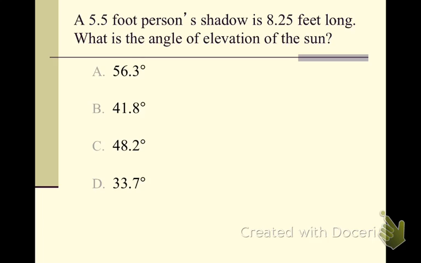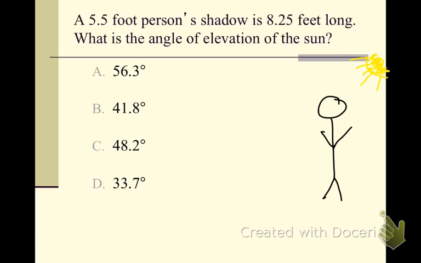Okay, similar to the buildings problem, we want to know the elevation of the sun when we know how tall a person is and how long their shadow is. So let's see if we can do a quick sketch. We've got our lovely person here who looks much taller than 5.5 feet, but let's just call this person 5.5 feet. Here's our sun. We're getting really artistic on this one.